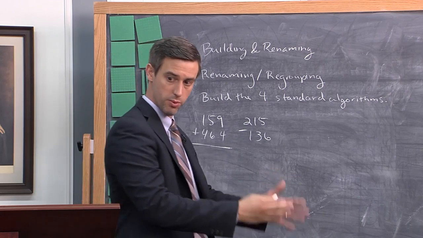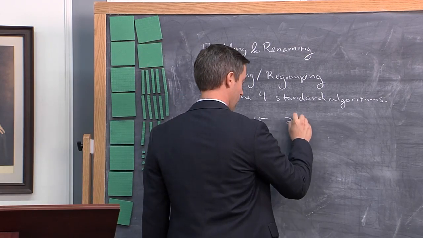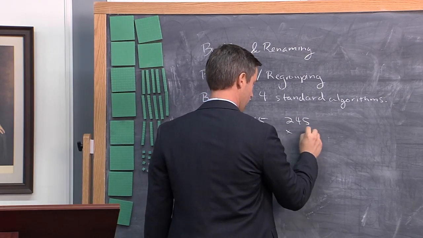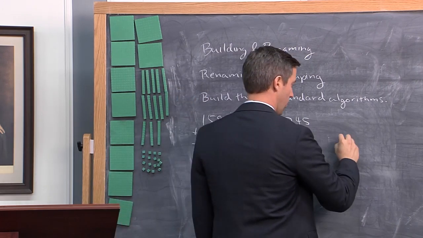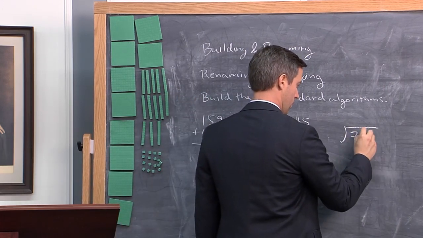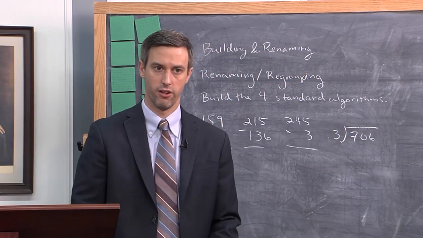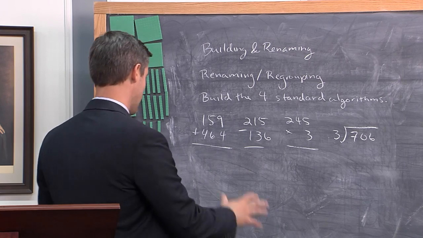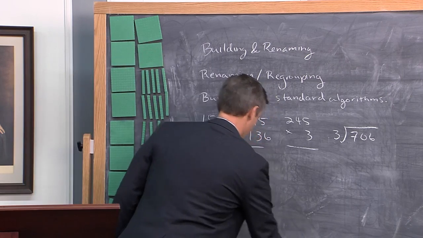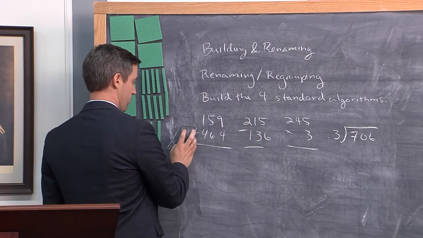Then multiplication would also be vertical, 245 times 3. And then the long division is going to be your fourth standard algorithm. So those are the examples of your standard algorithms that you're building to.